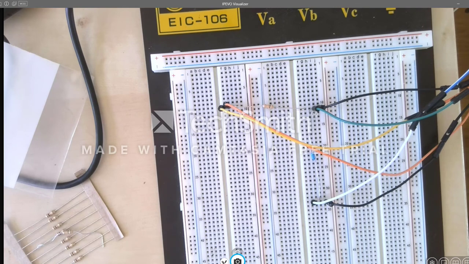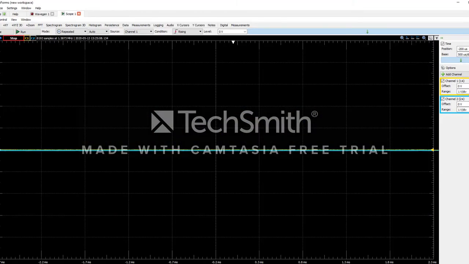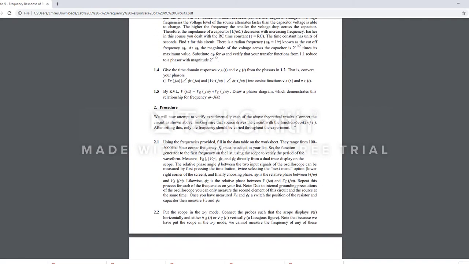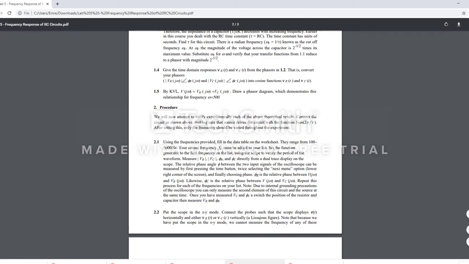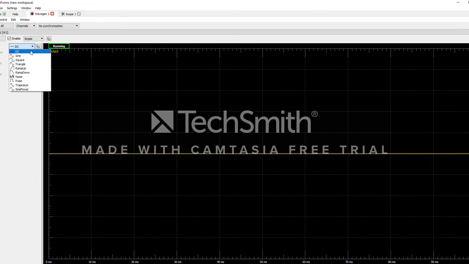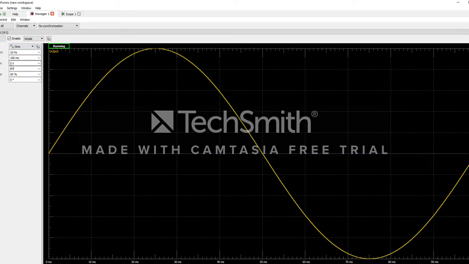Now let's go back to our waveforms. Let's go back to the PDF first. So we will apply a sinusoidal with amplitude 5 and 0 phase, and we will change the frequency. Let's do that. We go to wavegen, sinusoidal with amplitude 5 and 0 phase.